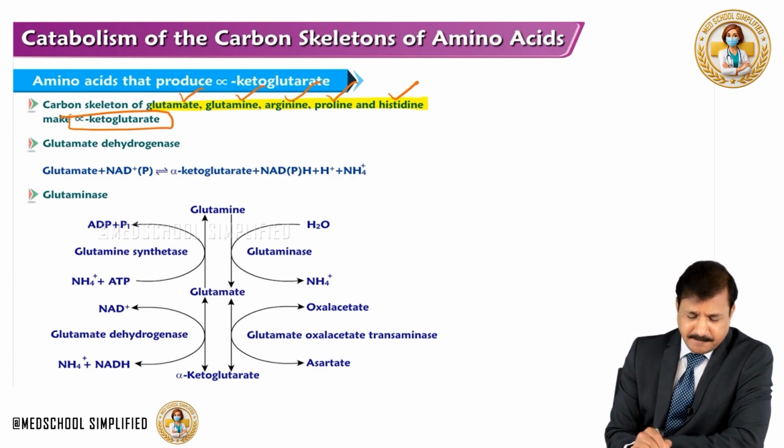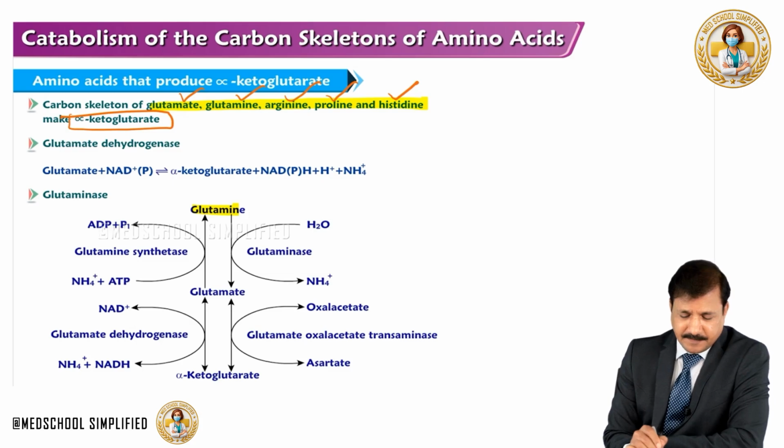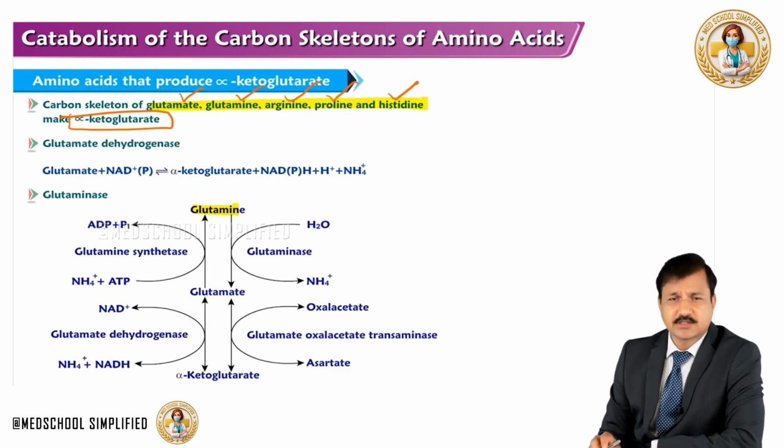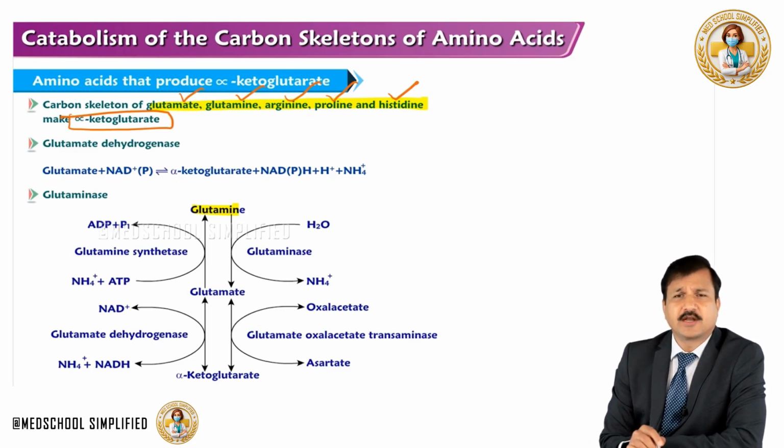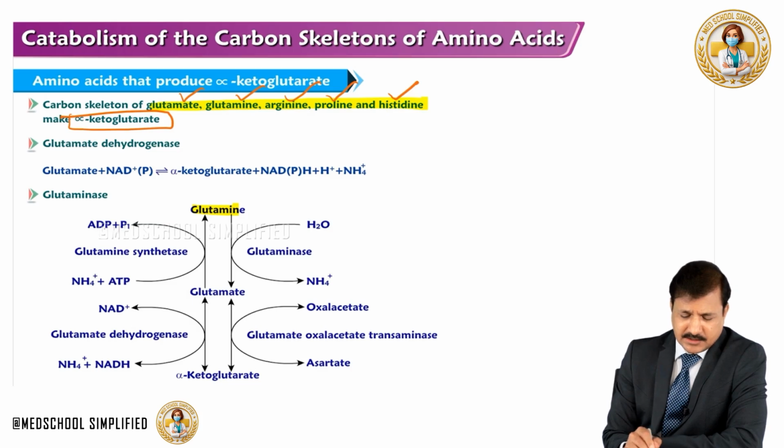Let's start with glutamine. Glutamine undergoes the glutaminase reaction in the mitochondria, especially in the liver and kidney. The side chain amino group of glutamine is removed as ammonium ion by the glutaminase enzyme and you get glutamate.